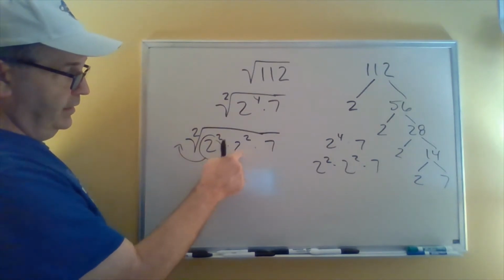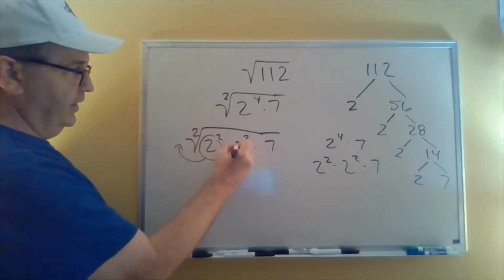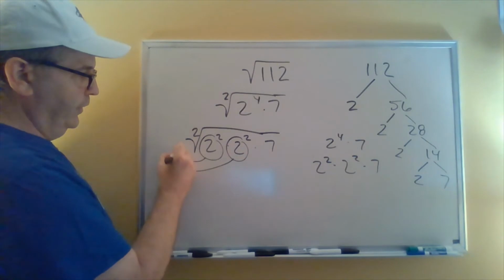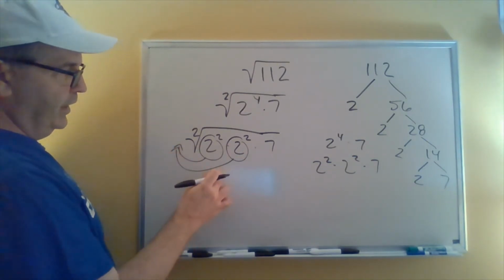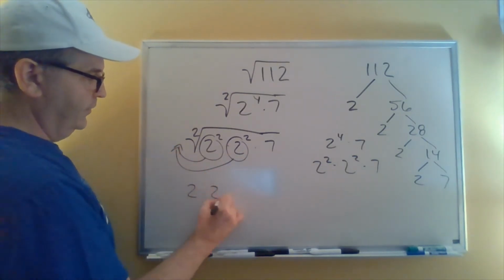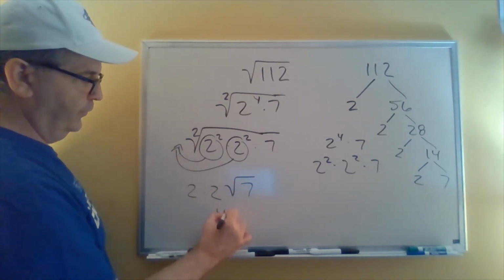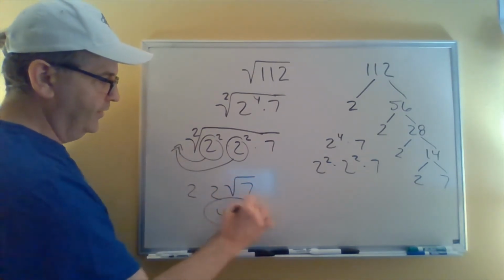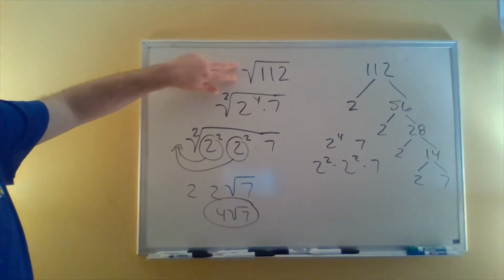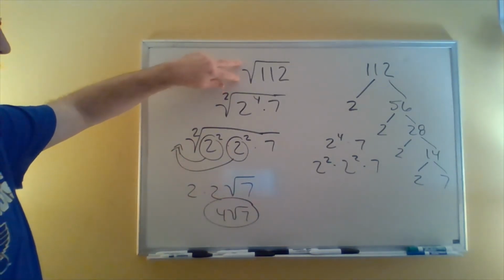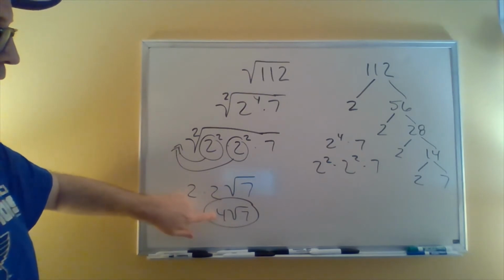So what I end up with is 2 times 2 times the square root of 7, and 2 times 2, of course, is 4. So my answer to this, when I'm simplifying the square root of 112, is 4 times the square root of 7.